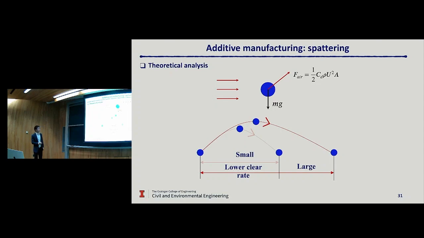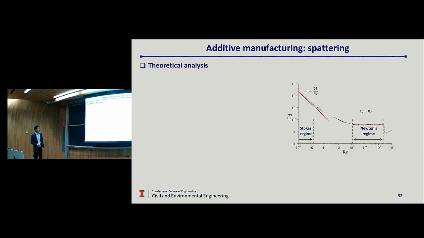If you open any fluid mechanics book, you know how to estimate the aerodynamic drag over a particle, which can be computed as 1/2 times drag coefficient times the density of the gas times the velocity square and the frontal area of the particle.